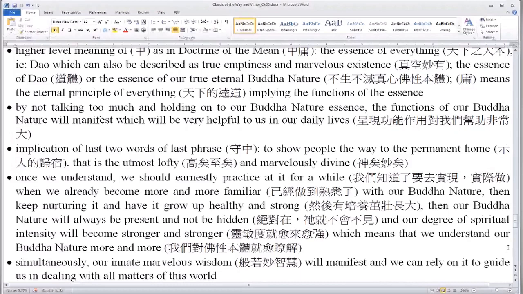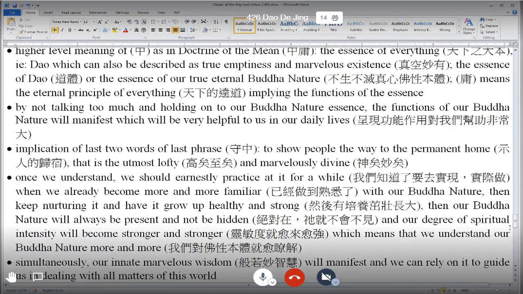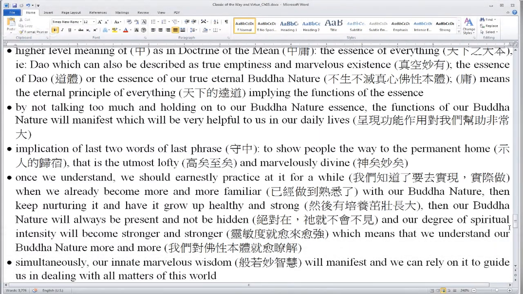Now, although you may not approach it from the Buddha nature perspective, that doesn't mean you cannot cultivate. That's the difference between 顿修 and 渐修, instant cultivation and gradual cultivation. 顿 means instant.